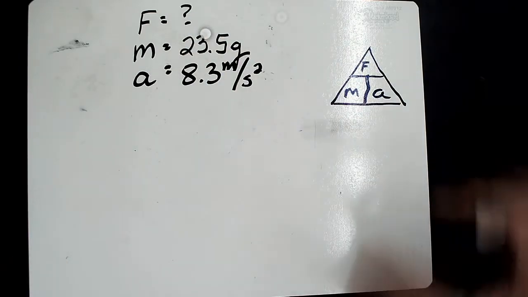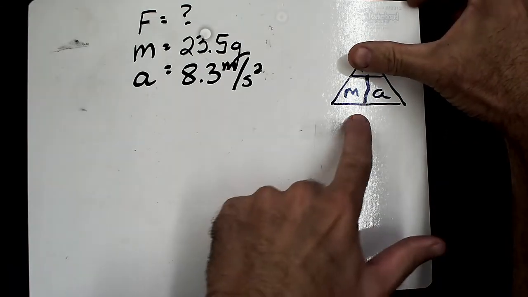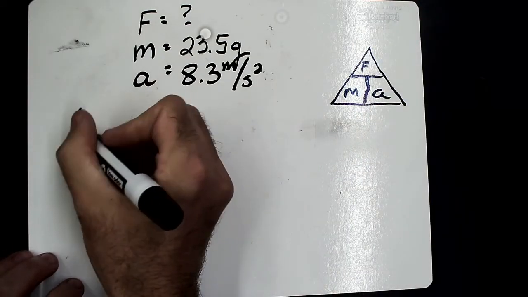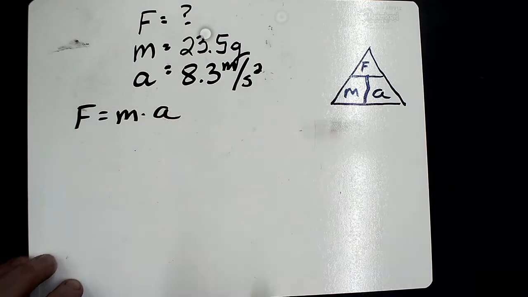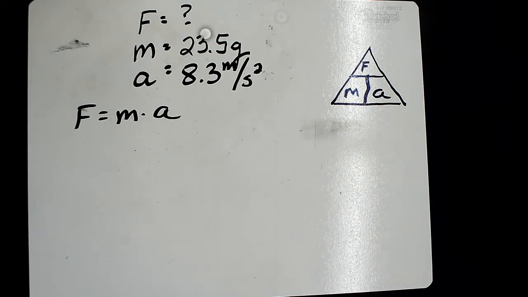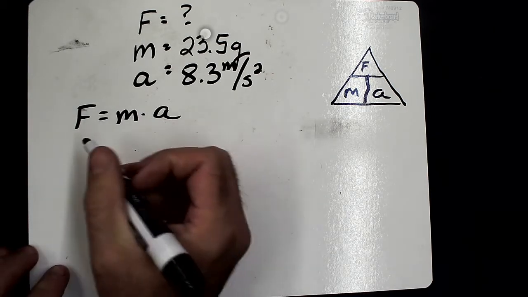So that's pretty simple. If I want to find the force, it's mass times acceleration. So I write the equation that I'm going to be working with. And you can try to skip steps on this, but there's really no way around it. You have to work this out, or you're just not going to get the right answer.